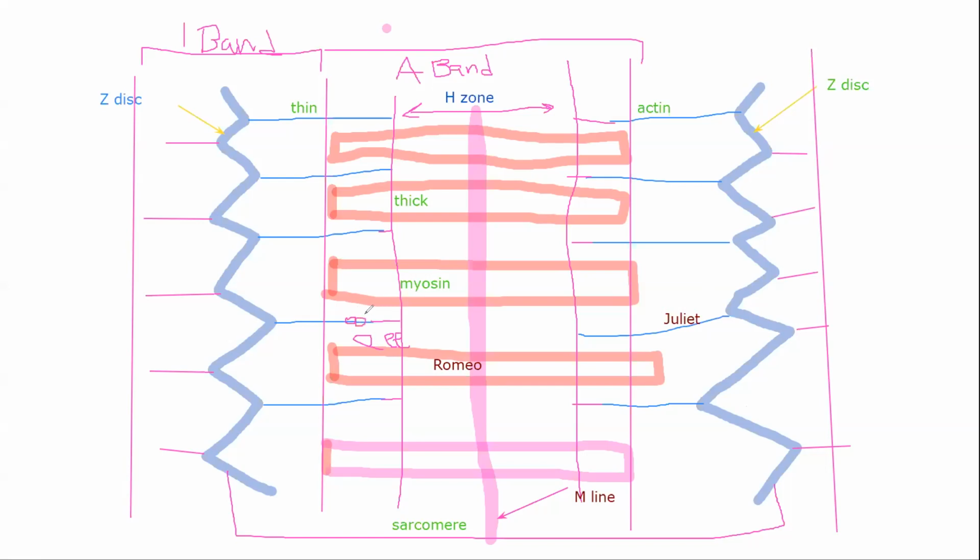And so she's going to be right there. But her father is very jealous, and he will not let Romeo and Juliet get together. So he is tropomyosin, he is Mr. Capulet. And then he's going to be blocking over Juliet, making sure that Romeo cannot get with her.